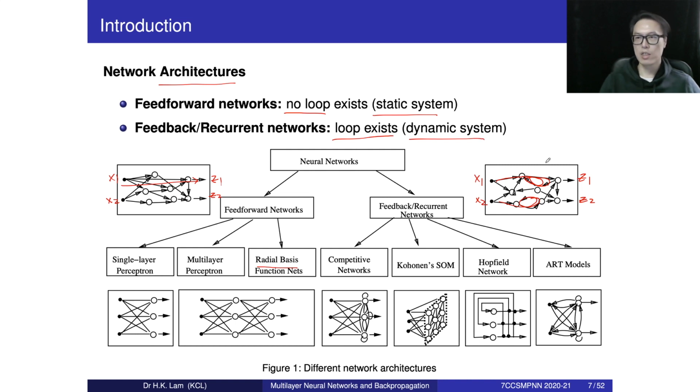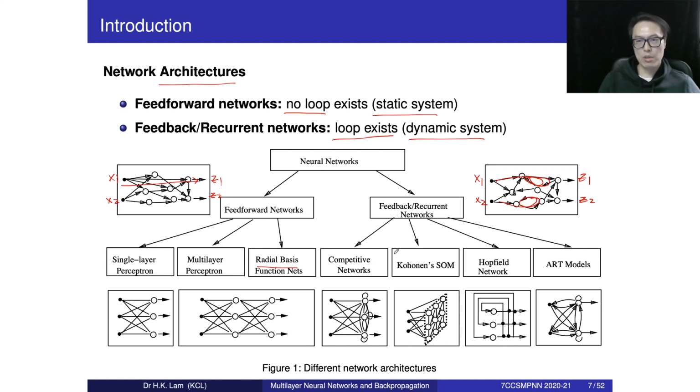It means that because of this dynamics, if the learning algorithm is not good enough or the data is not learned well, the output may go to infinity, that is, unbounded. In this case, this neural network is an unstable neural network.